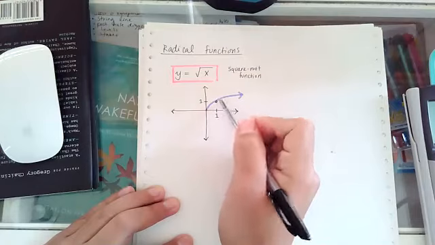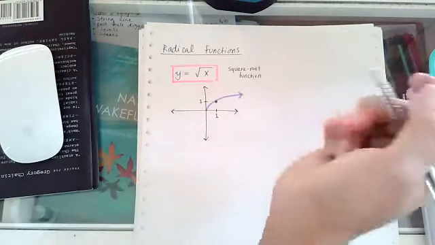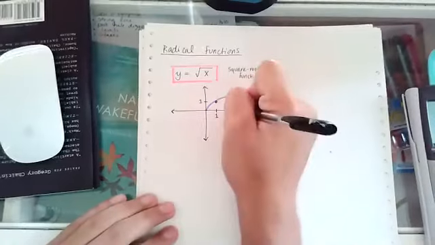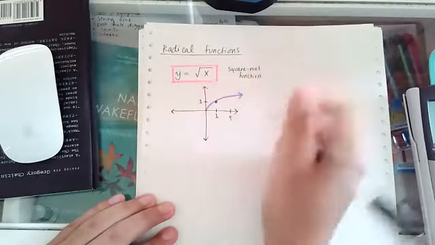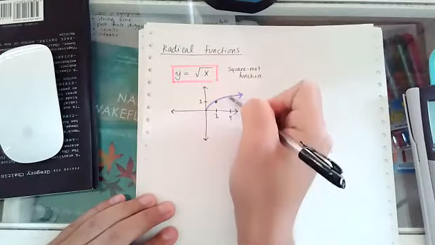Now, if I put in something like, let's say if I went out here to 4, the square root of 4 would be just 2. So that's why this graph seems to be getting flatter as it increases. Because even if we went out to 9, well, the square root of 9 would just be 3. So we're up a little bit higher, but not much higher.